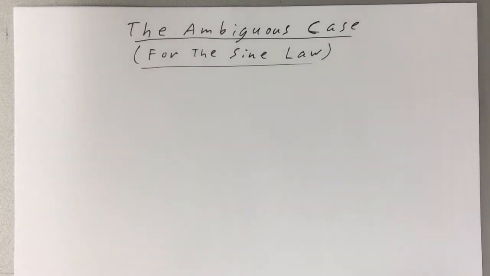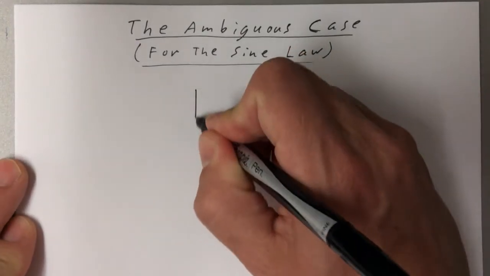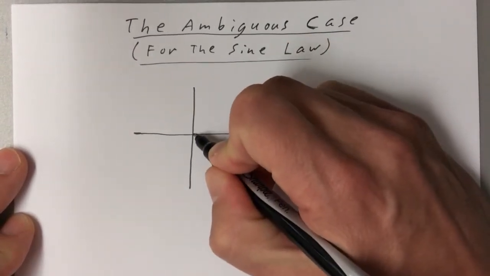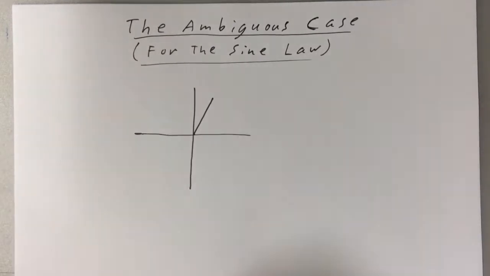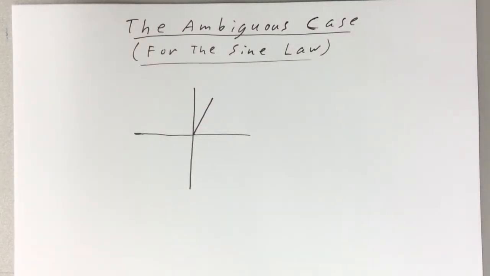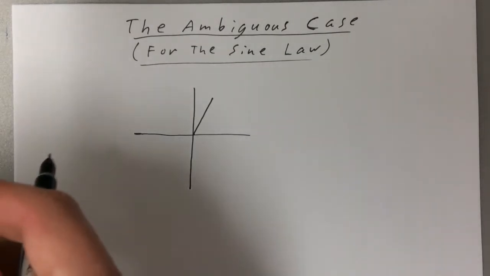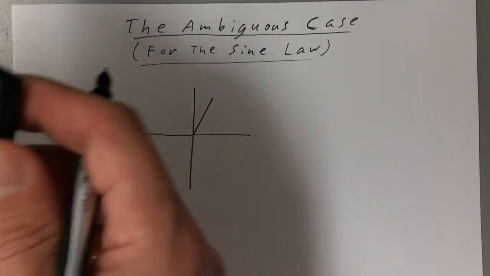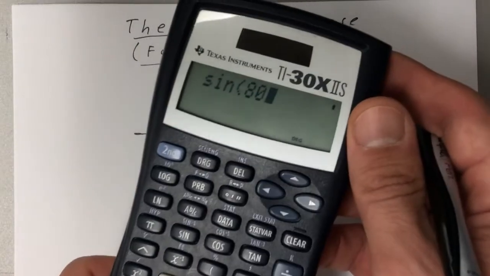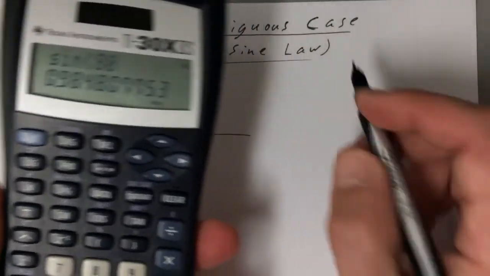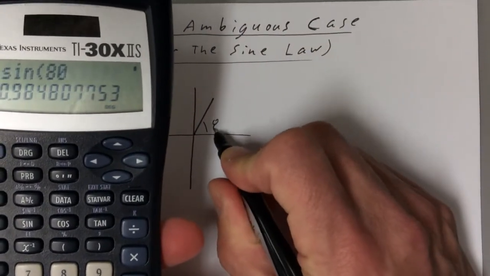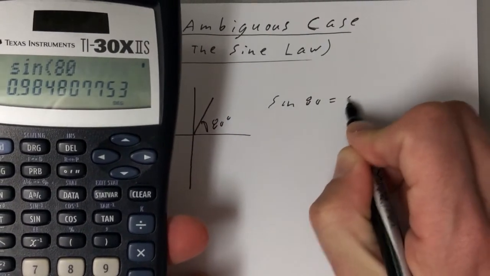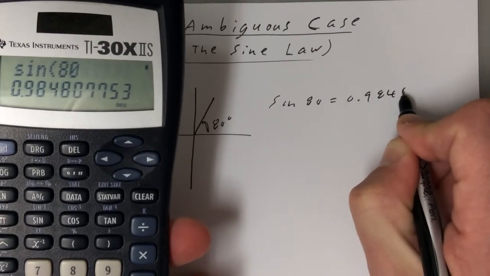And this is why. If you have, for example, the angle of 80 degrees, which is right here, and you take the sine of that angle, sine of 80 equals 0.9848.